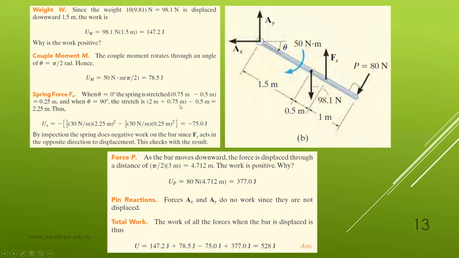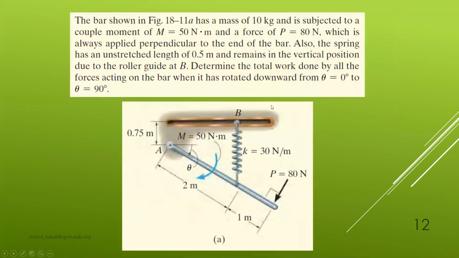Why? You know that from this point A to the point where the spring is attached is 2 meter. When theta equal to 90 degrees, it means this particular bar is straight, vertical. When that happens, this particular point will be somewhere here.